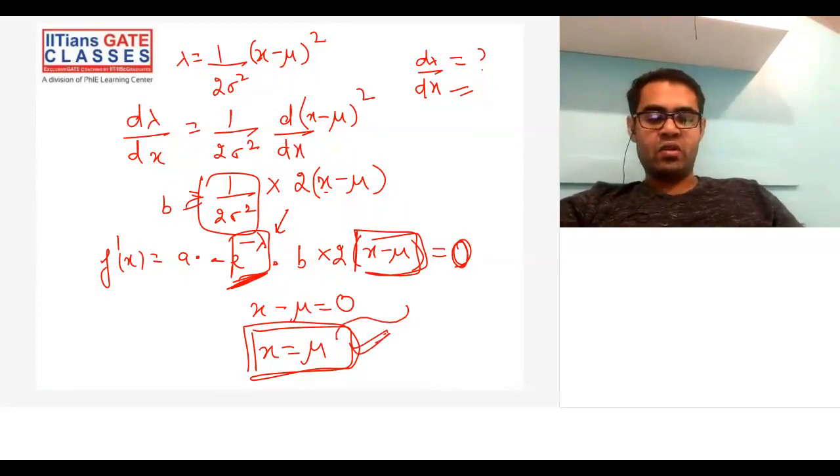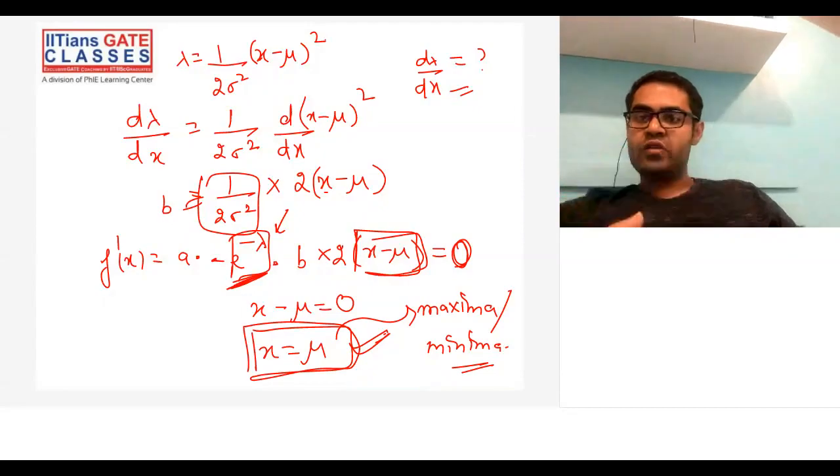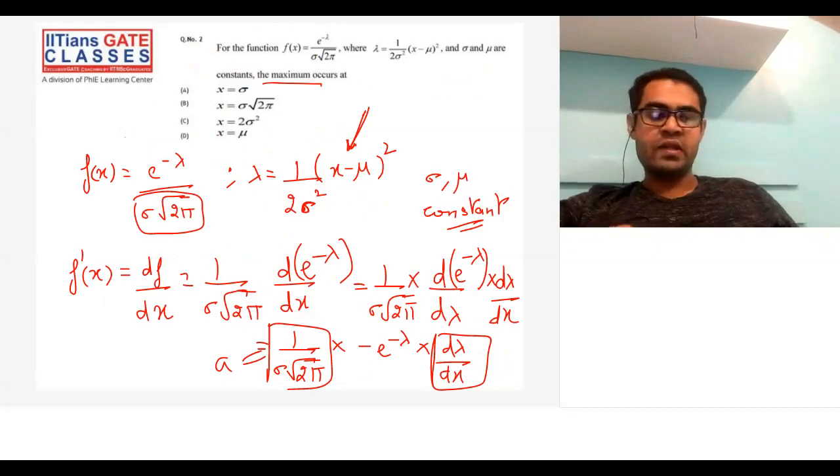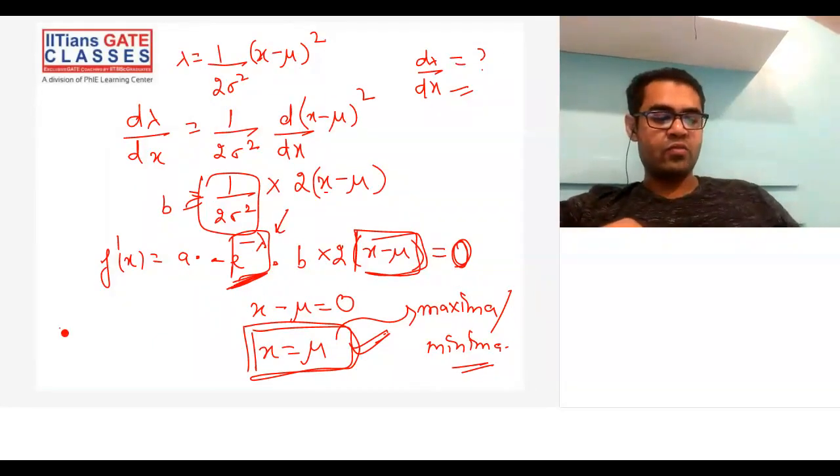Now at this root, either a maxima will occur or a minima will occur. Again, there is a procedure to calculate the double derivative and check whether it's a maxima or minima, but you don't really have to do that over here. The reason being, they are saying maxima occurs, so you can safely assume that since we have only one point, this is the point of maximum.